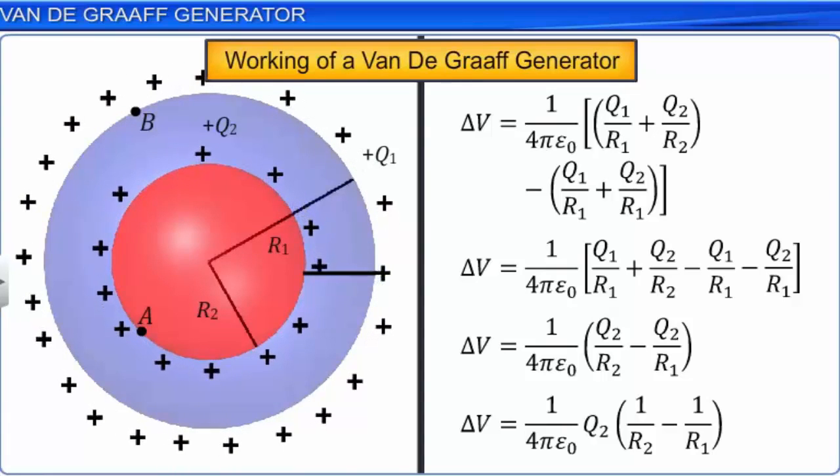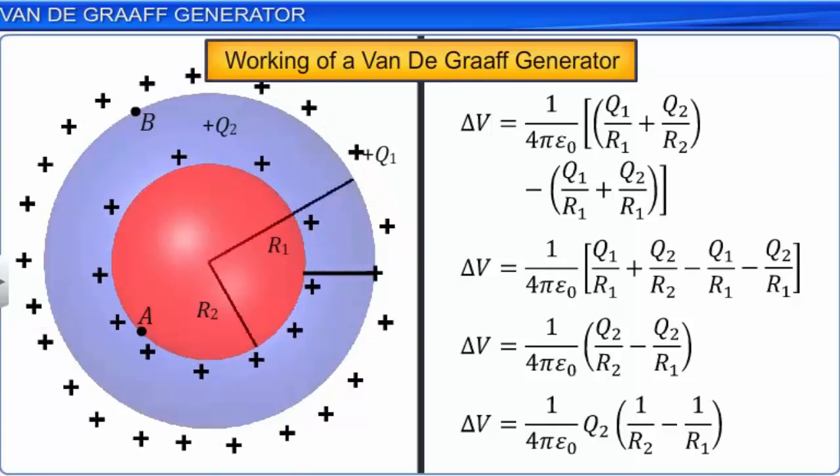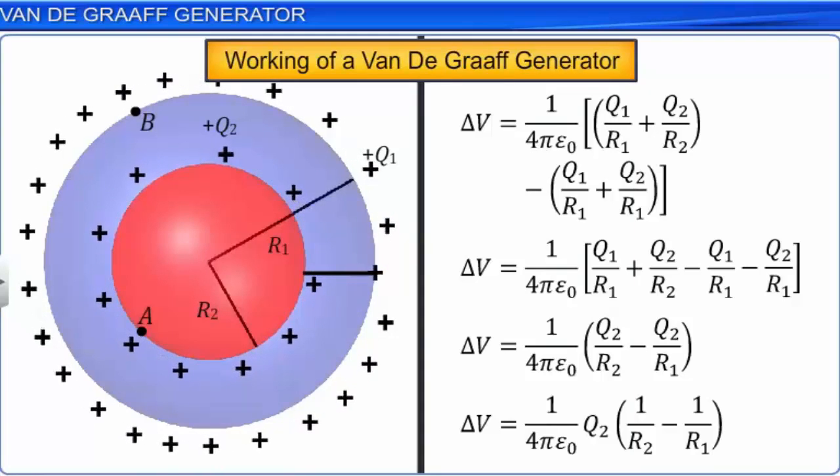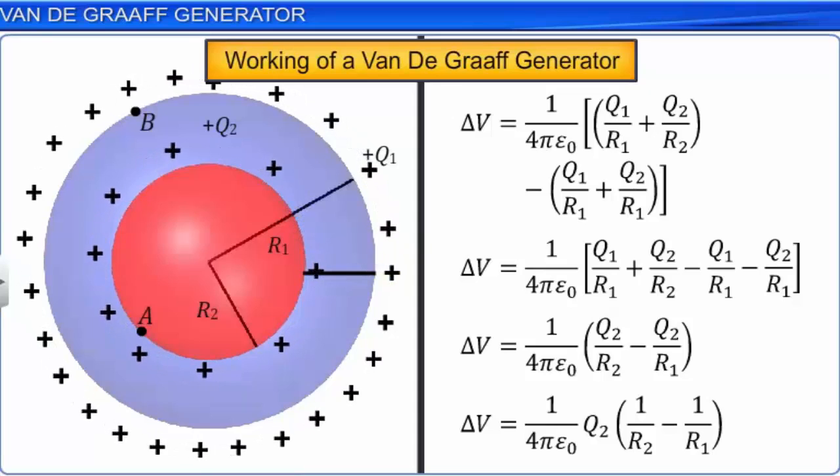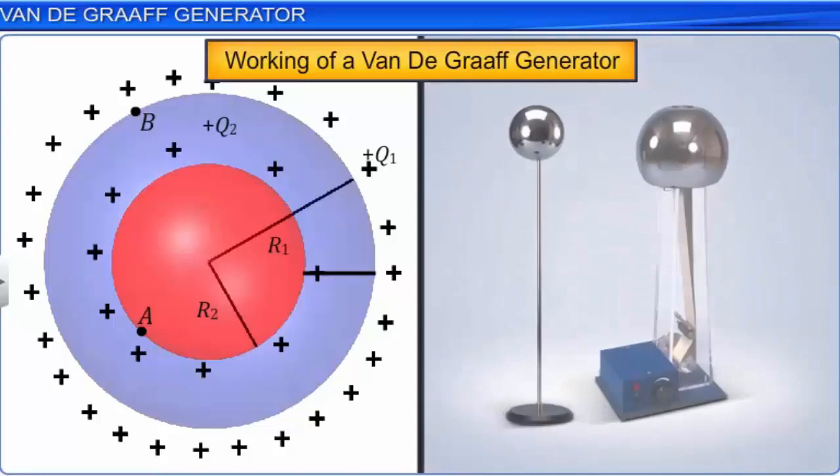Therefore, the potential at the outer sphere keeps on rising until it reaches the breakdown field strength of air when it starts leaking off to the air. Due to the small charged sphere, which is within the large sphere, we can keep piling up larger and larger amounts of charge on the latter. This is the principle of the Van der Graaf generator.